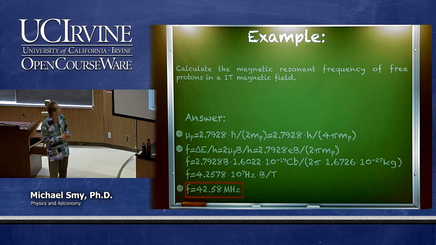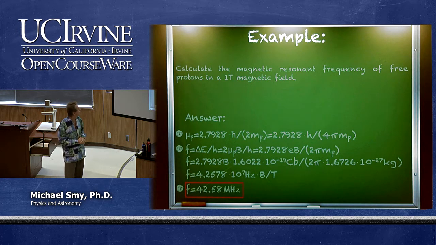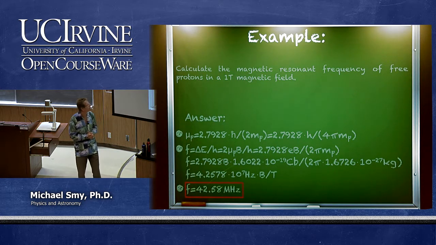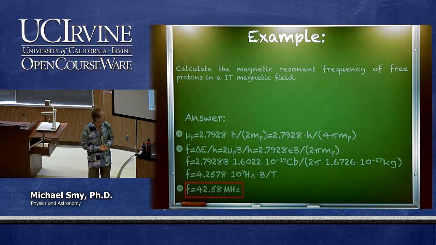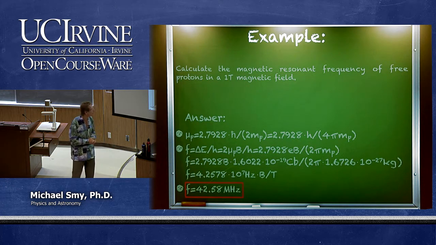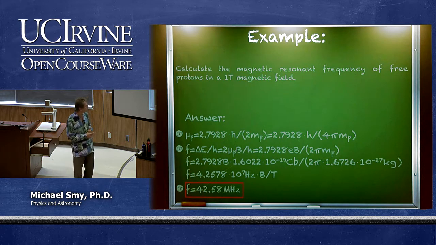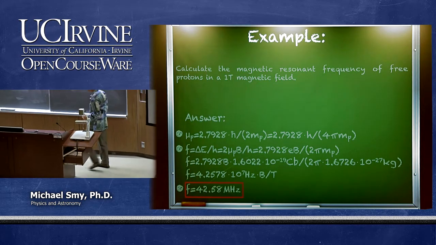Since the frequency is the energy difference over h, or twice the magnetic moment times the magnetic field divided by h, if we now plug in the formula for the magnetic moment that is just above, then we get 2.7928 times the elementary charge times the magnetic field divided by 2 pi and the proton mass. And if we plug in numbers for that, then we find out it's indeed 42.58 megahertz for a 1 Tesla magnetic field.